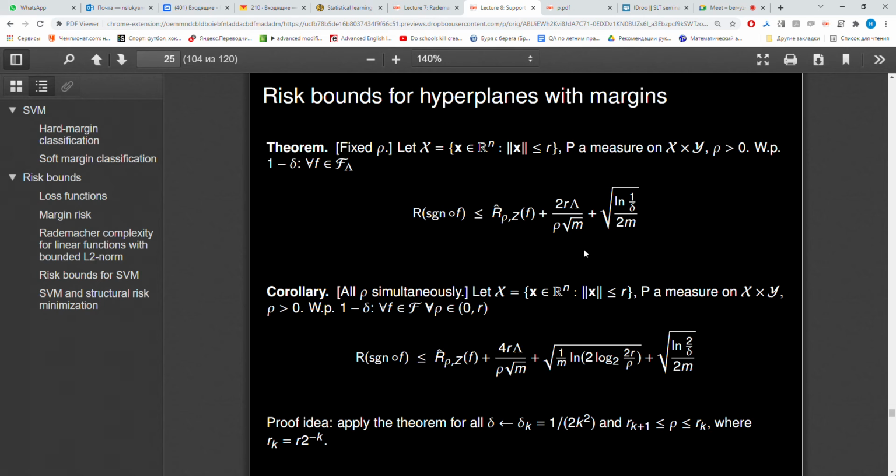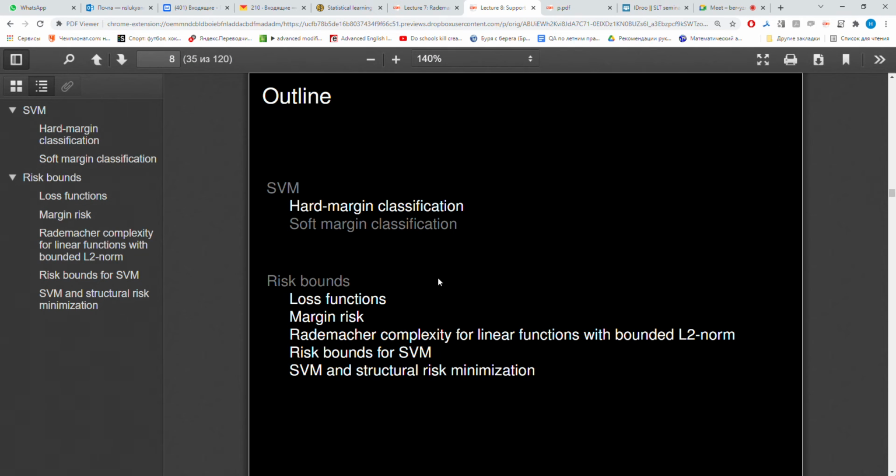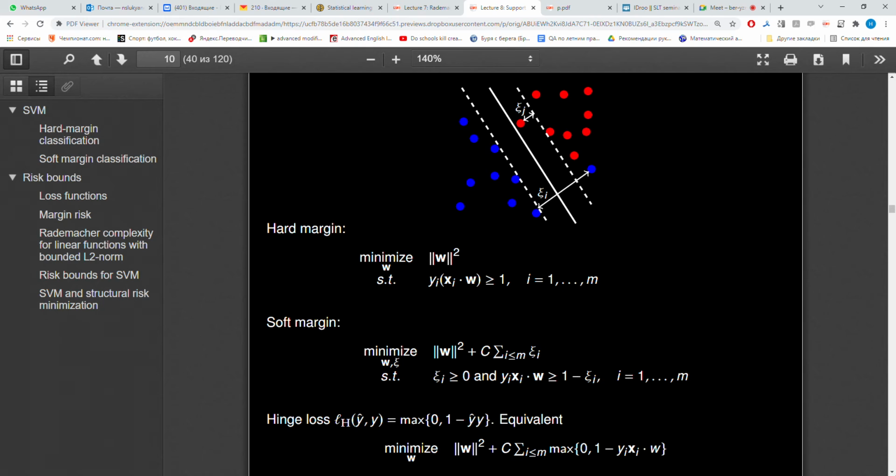that depends on the restrictions for x and for the functions f, and this term is connected to the possibility of overfitting. Why do we need these bounds? If you remember, when we were talking about the soft margin, why did we need these extra penalties?